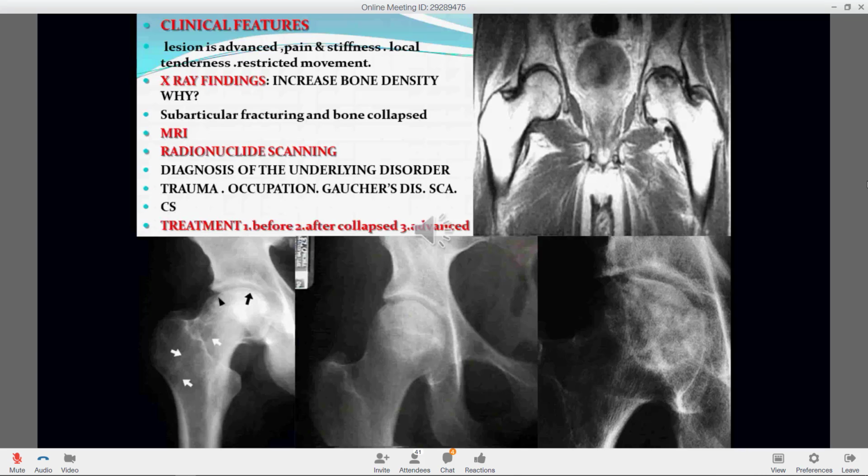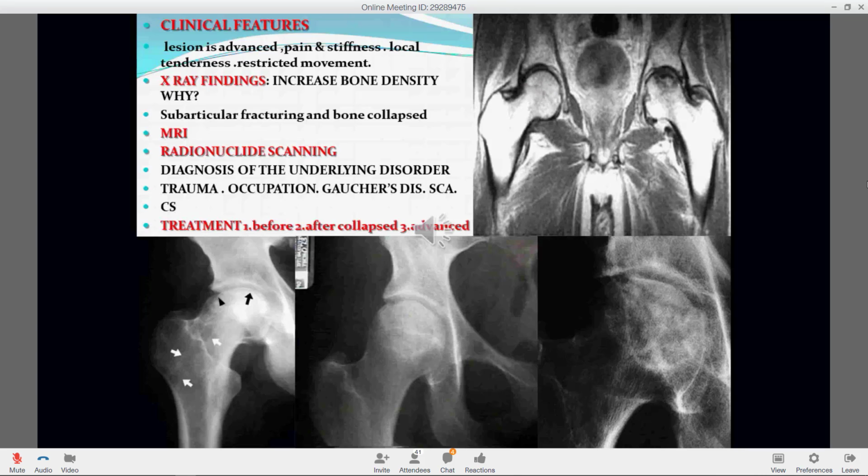That means osteonecrosis has started and the X-ray finding may appear months after the pathology starts. So the best way of diagnosing avascular necrosis is by doing MRI, in which the condition will appear very, very early, within the first 48 hours.